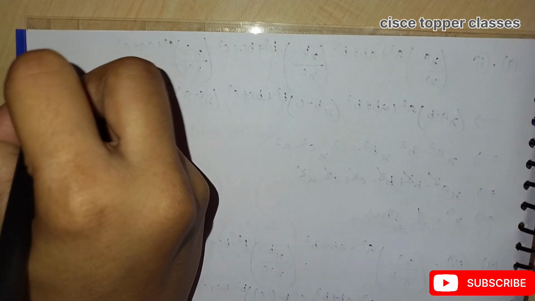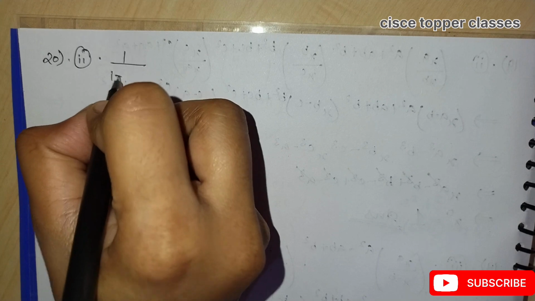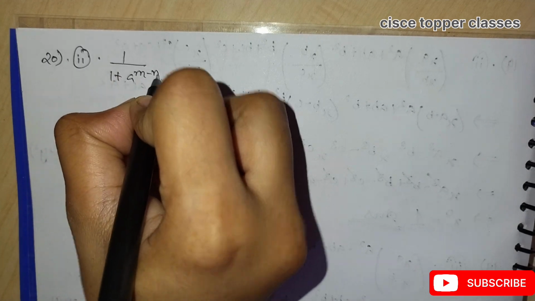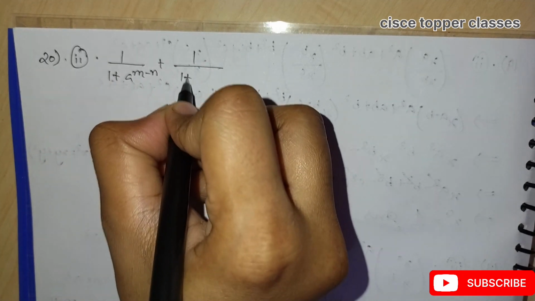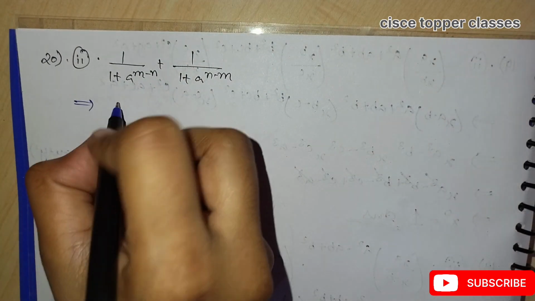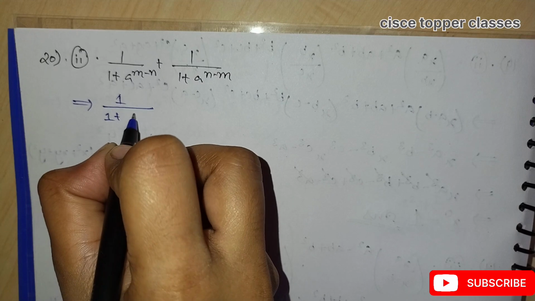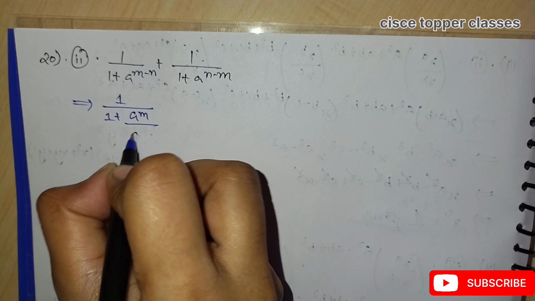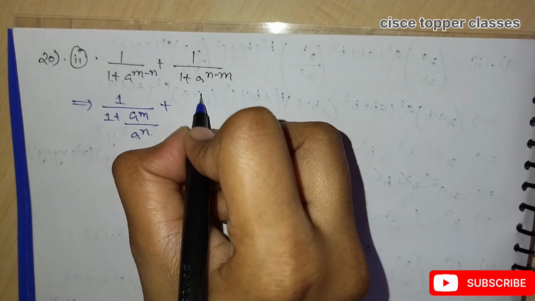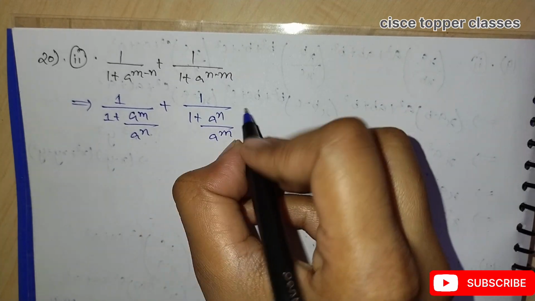Now let us solve the 22nd part, which is 1 by 1 plus a to the power m minus n plus 1 by 1 plus a to the power n minus m, which will be equal to 1 by 1 plus a to the power m divided by a to the power n plus 1 by 1 plus a to the power n divided by a to the power m.